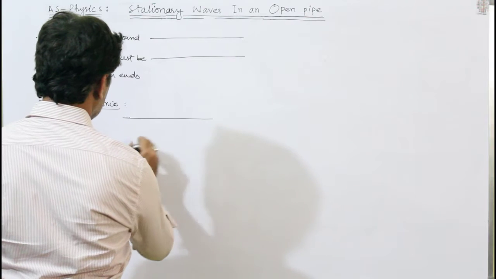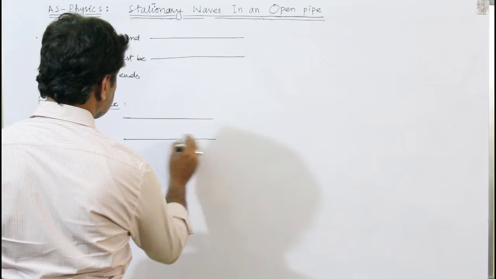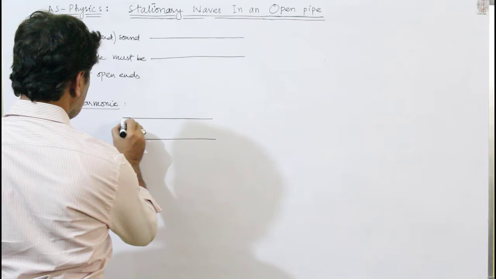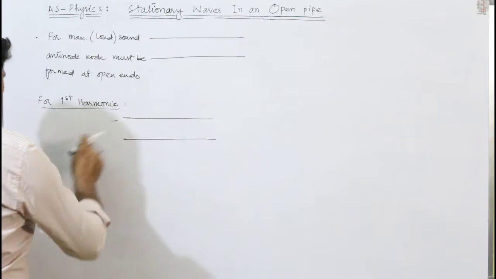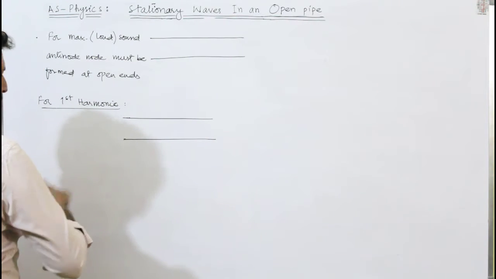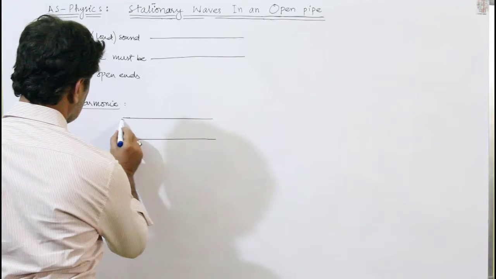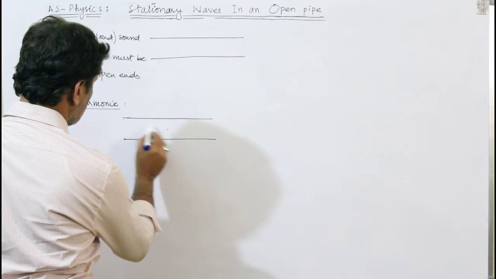For the minimum frequency, when we hear the loud sound, it is necessary the antinode is formed at the open ends, and the middle point of the tube is a node.